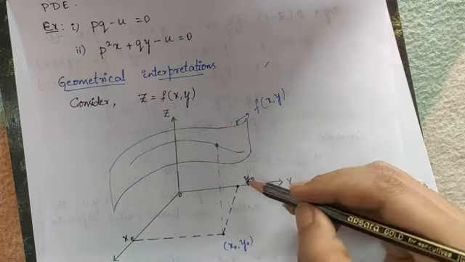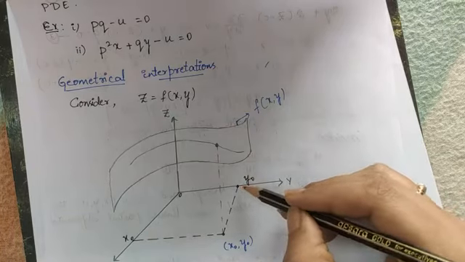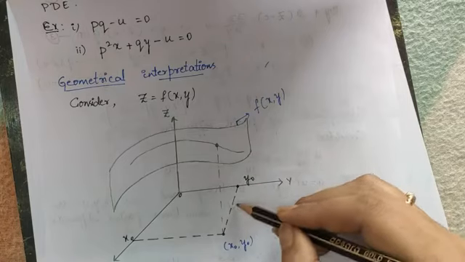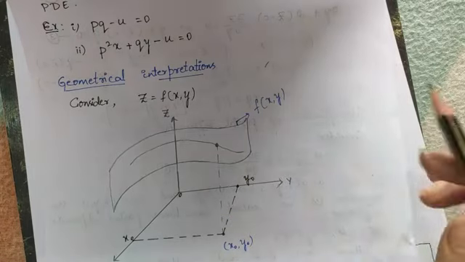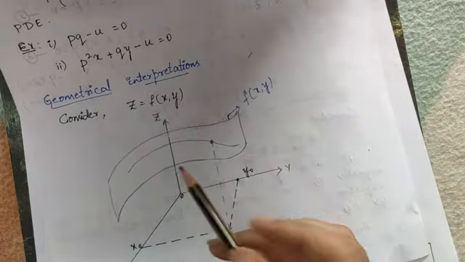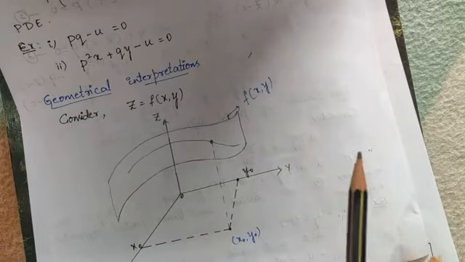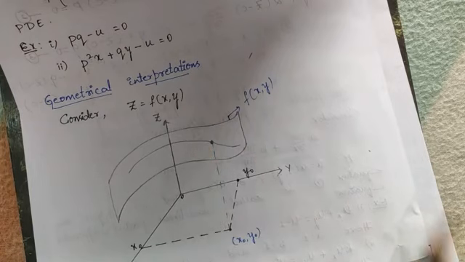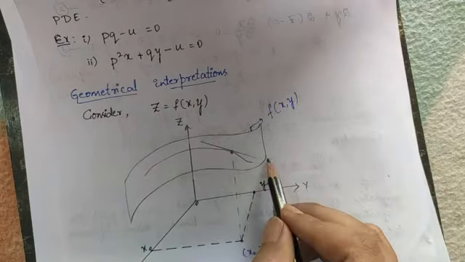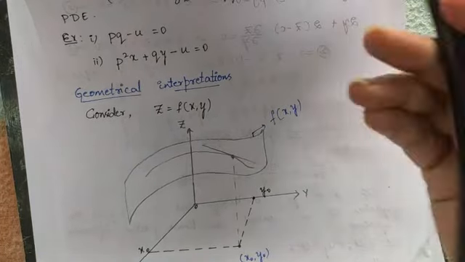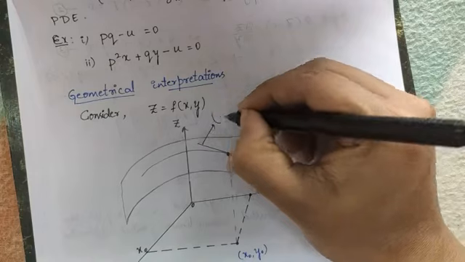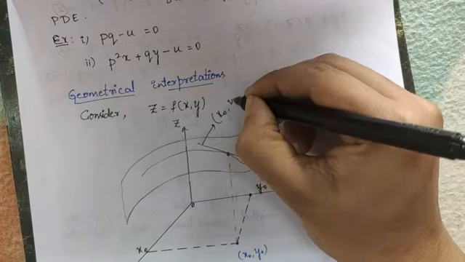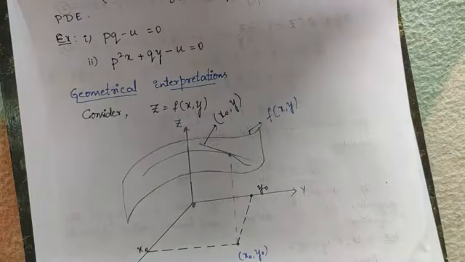Similarly, when y0 is constant, for different values of x I will get one more curve. This curve is a function of a single variable. For this I can draw a tangent, right? Let me draw a tangent first. This is the tangent when x0 is constant and y keeps on changing.